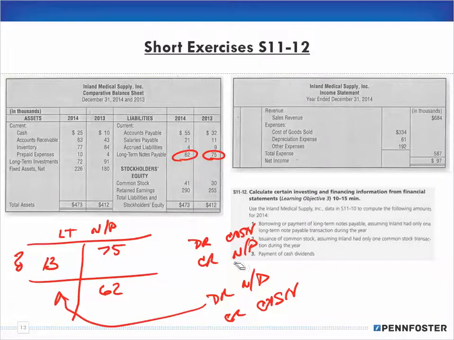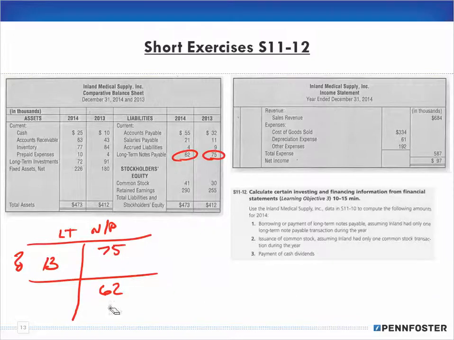Notice that we don't have to think about any other accounts that affect our note payable. So in this particular case, we can just subtract one number from the other to arrive at our balance, because really nothing else affects our long-term note payable, versus what we did in the last exercise with fixed assets having depreciation affect it.